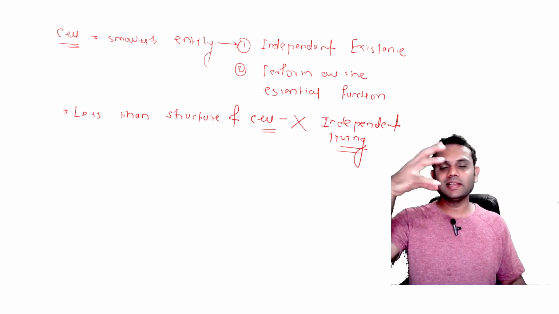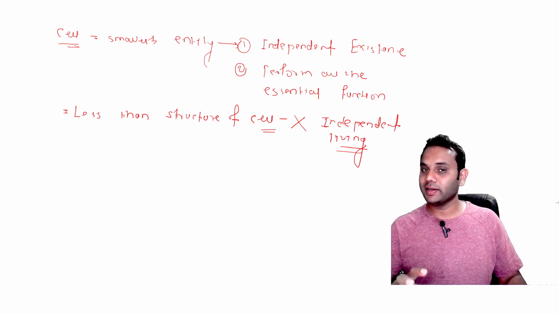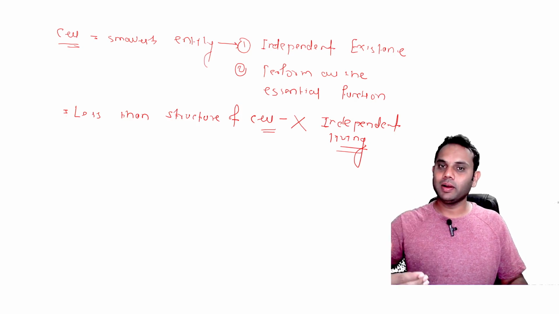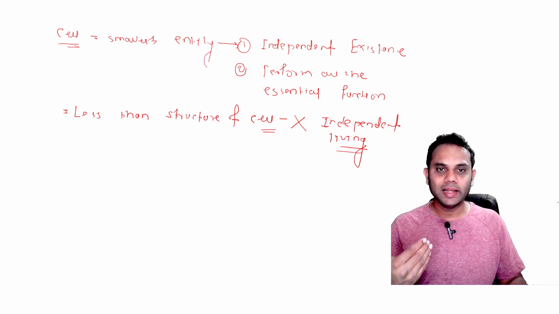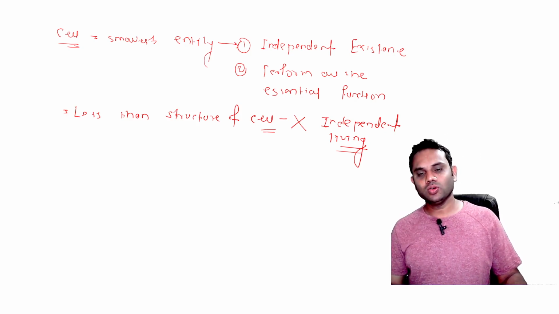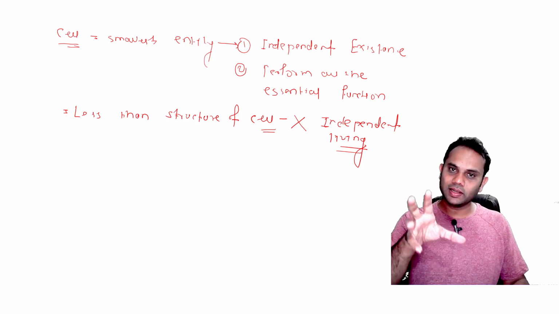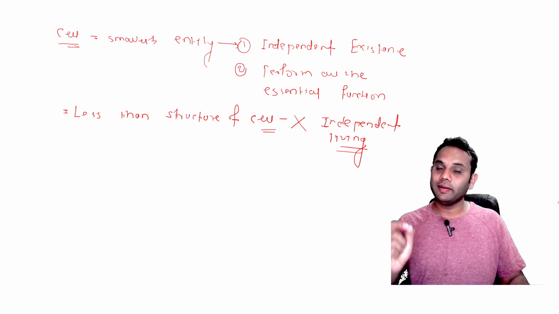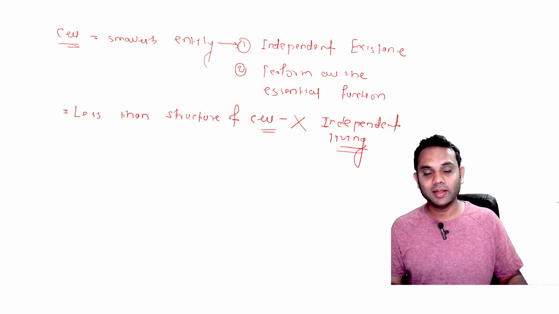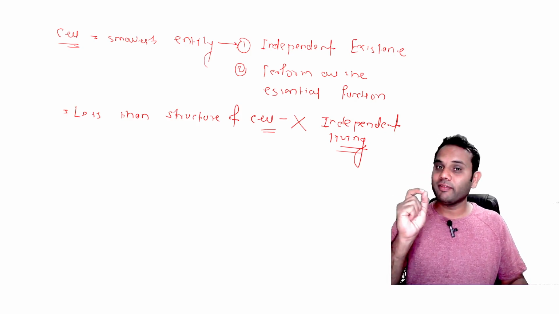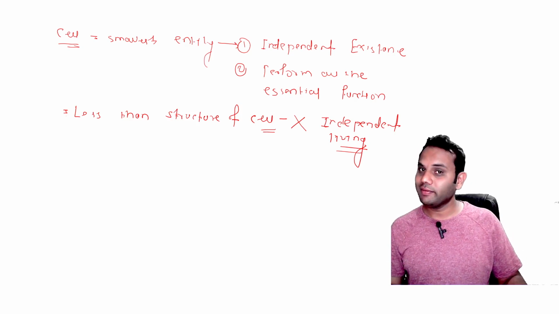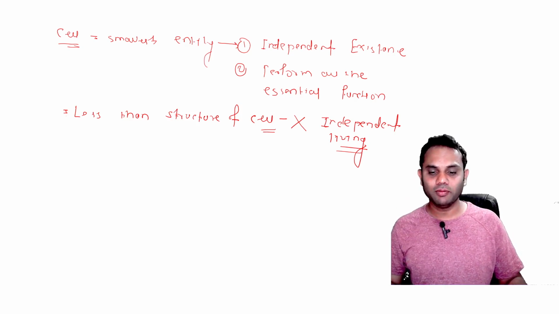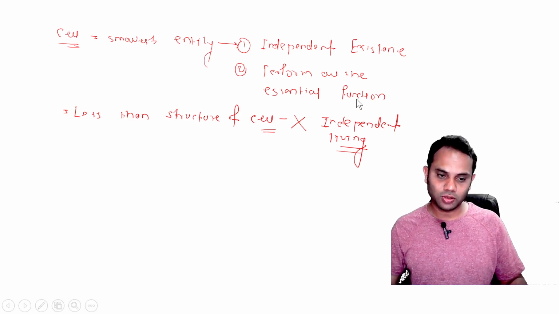If certain things are missing from that cell, then that particular structure will not be able to live independently, okay. So I hope with this, if we define the cell, the cell can be defined as the fundamental structural and functional unit of living organisms. Structural and functional unit of living organisms, okay.